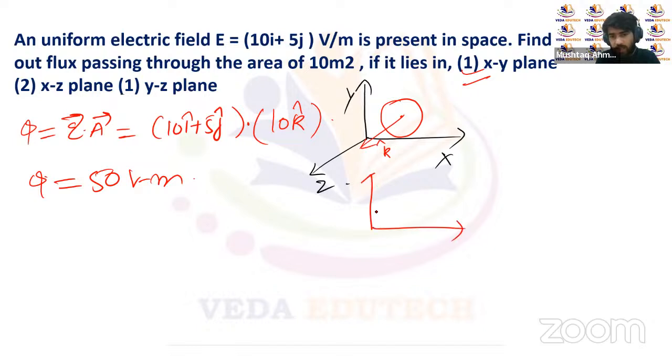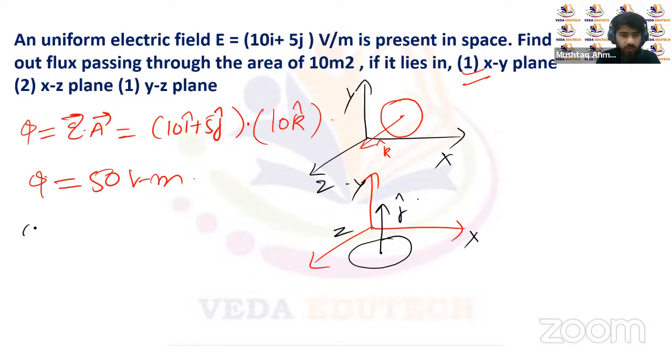The second case is that we place this disk along the xz plane. Here this is y, this is z, and this is x, so now it's placed in the xz plane. The direction of the area vector of this disk will be along the j cap direction.